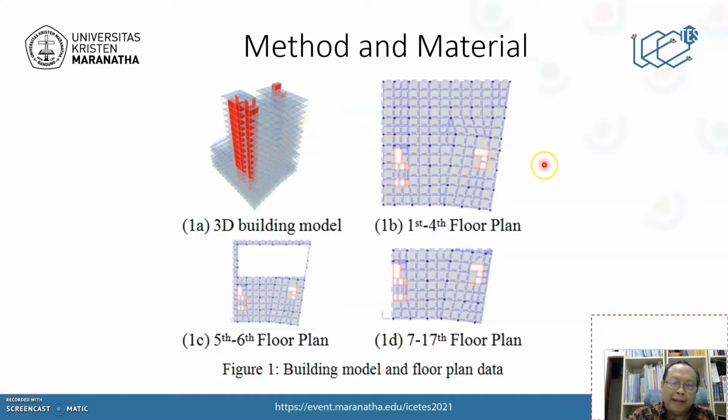The floor plan is in one floor until the fourth floor. It is like this figure. The 5th until 6th floor plan is like this, and the 7th floor until the 17th floor plan is like this.